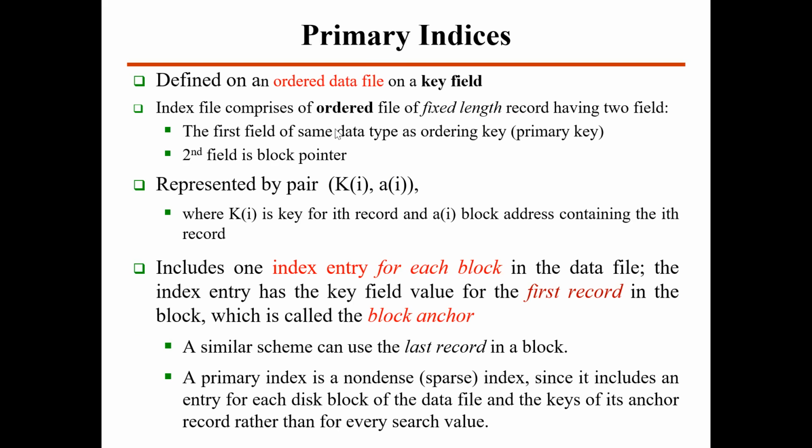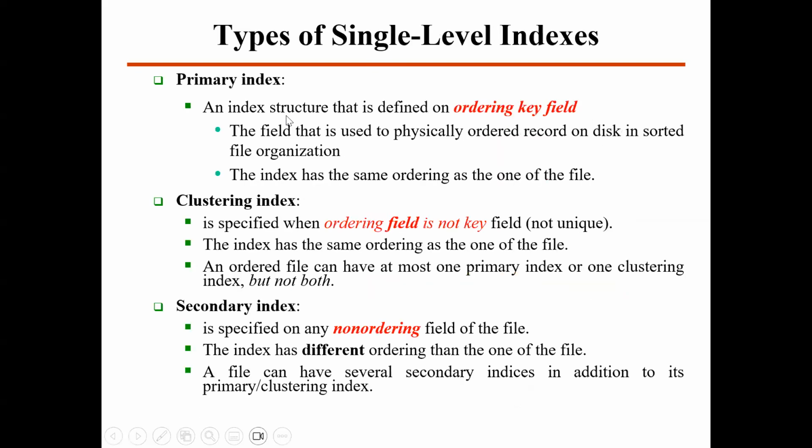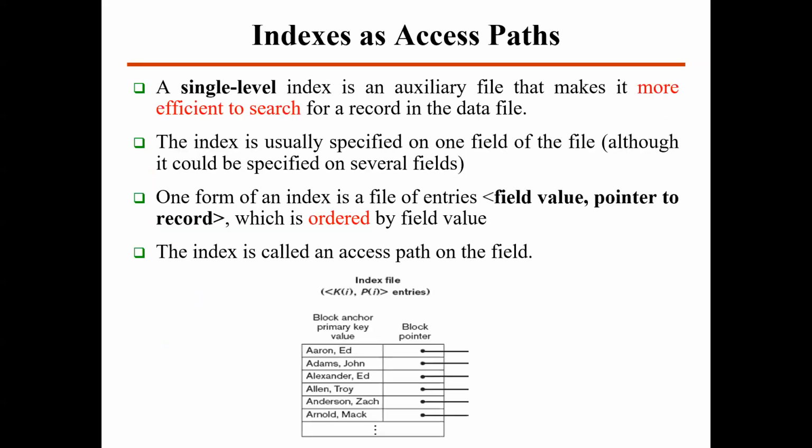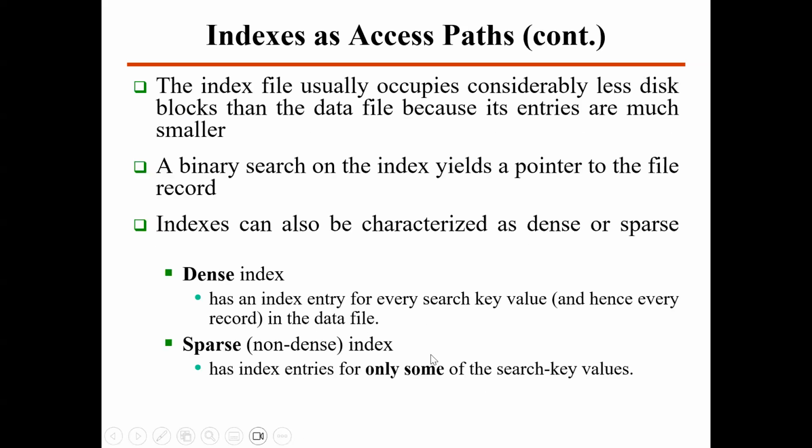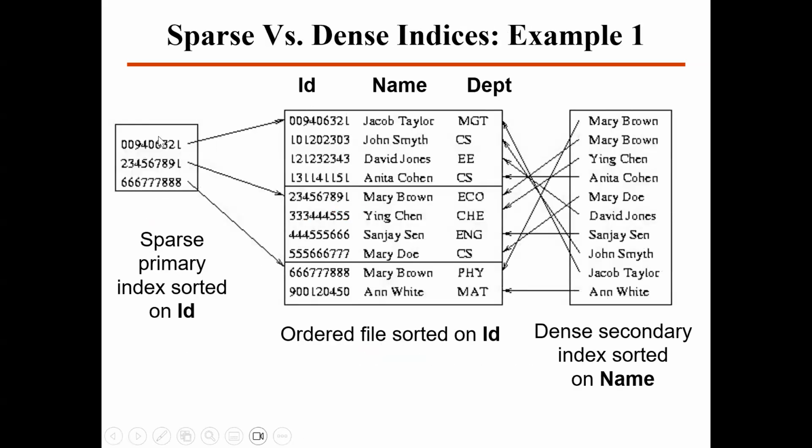The first field has the same data type as the primary key, so it holds a primary key. The second field holds a block pointer, for example like this. This is the key field and the block pointer.